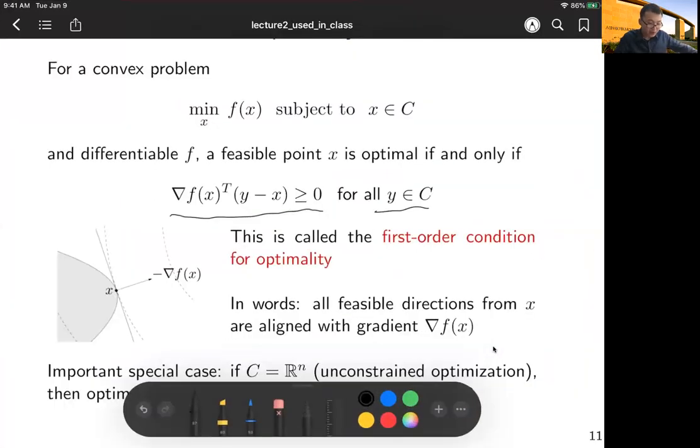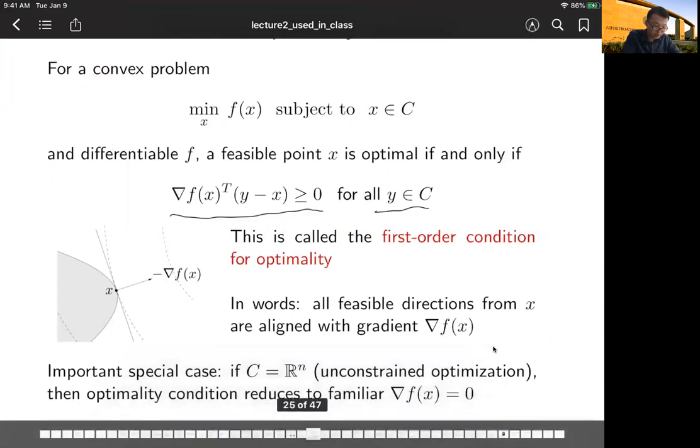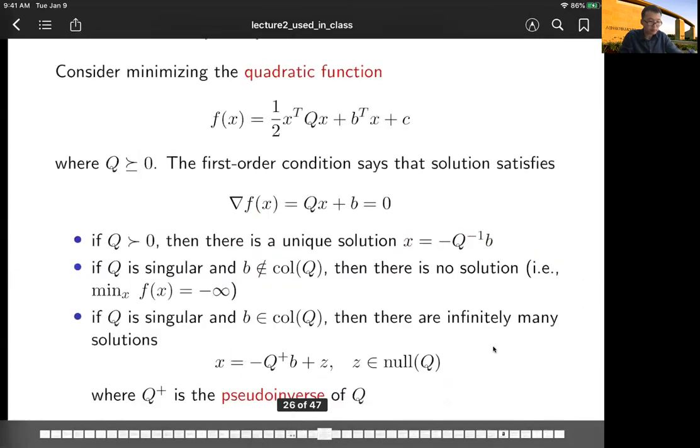Right, so that gives us the first order optimality condition for the case when f is differentiable and unconstrained. And that should be familiar to you from high school: if you want to solve an optimization problem, you take the gradient and assign it to 0, and solve this nonlinear equation.